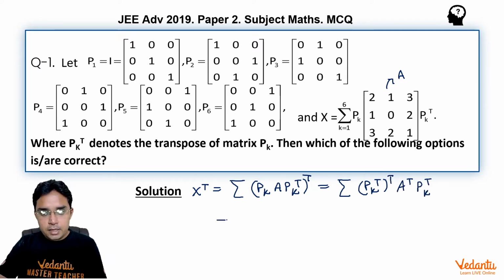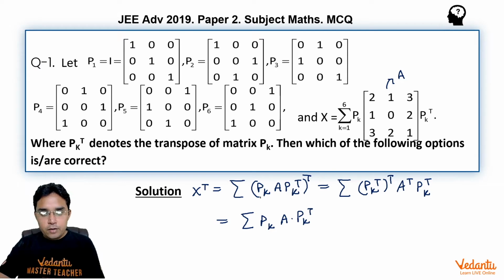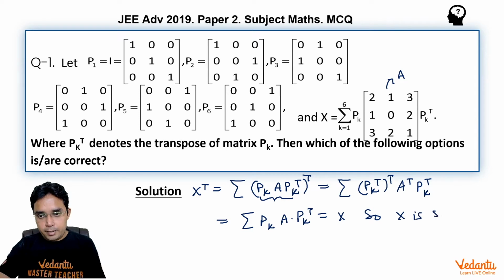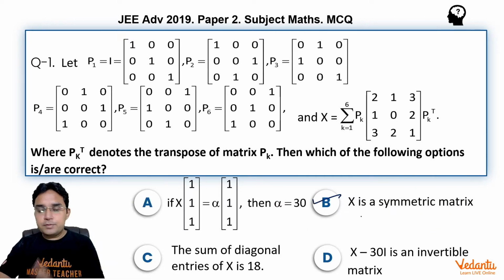Now (Pk transpose) transpose will be Pk only, and we can check A is also symmetric, so A transpose will be A, into Pk transpose. So if we take the transpose of this term, we get the same term back, which means X transpose will give you X only. So this X is symmetric, so this part B is absolutely correct.